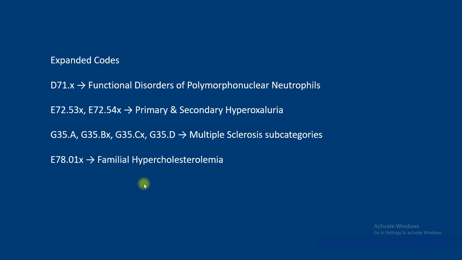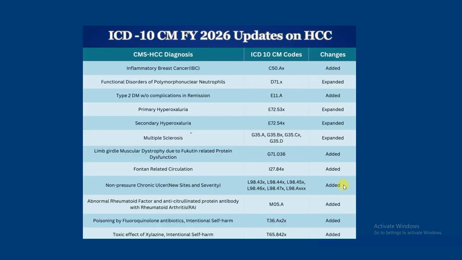Next one is E78.01X, familial hypercholesterolemia. Previously we didn't have any specificity related to hypercholesterolemia. Now we have specificity, where we will use E78.01X. So these are the summary of ICD-10 fiscal year 2026 updates on HCC.